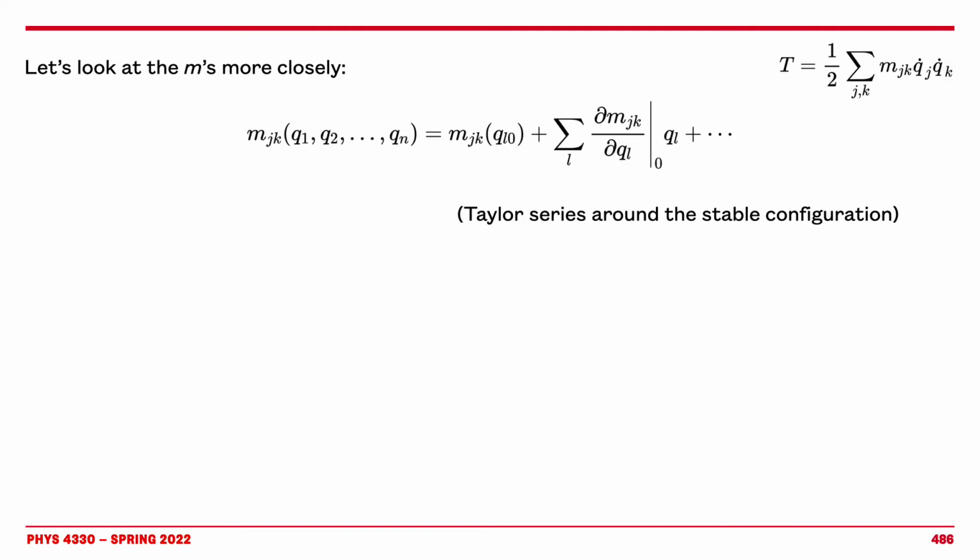Okay. Imagine now we have two tensors, the tensor with the elements ajk and the tensor mjk. If we could find a way to diagonalize those two tensors at the same time, there would be no cross term. Remember, I'm going to go back one slide, maybe a couple of slides.